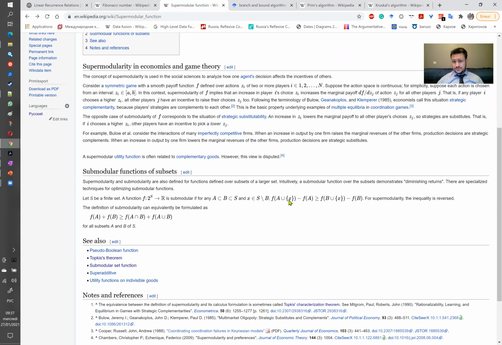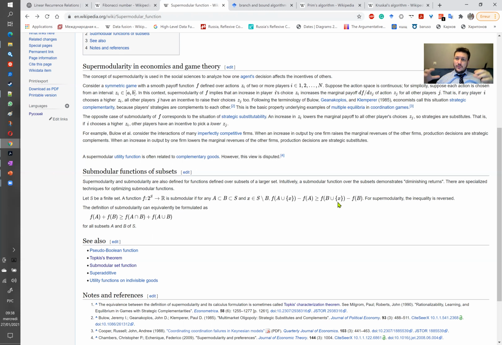So x is a node, and if we know that A is included in B, so B is a very large set and A is a smaller one, then sometimes we can find a property of these sets such that if we have this function of the smaller set, and we add this node to the set, this will increase this function more than if we add this node to the larger one.